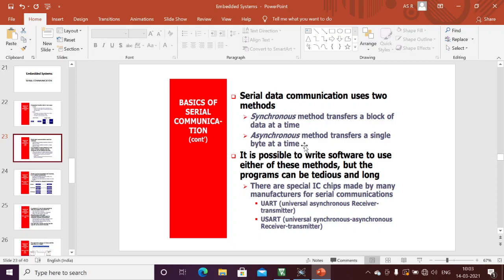We transmit a byte at a time with start and stop bits. But the ICs having USART use a clock to synchronize between the sender and receiver, then send a block of data. USART stands for Universal Synchronous and Asynchronous Receiver and Transmitter. But we are mainly interested in UART, because our 8051 follows UART communication.